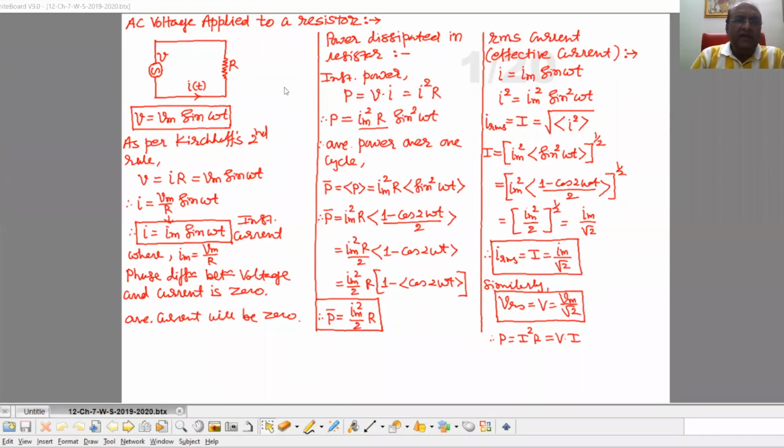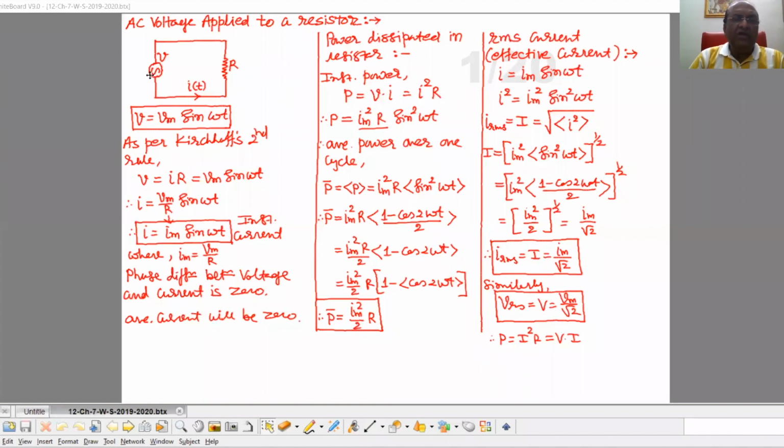Now see, first theory: when AC voltage is applied to a resistor, what will be the current in the circuit? What will be the power consumed? That we have to discuss in this particular theory.